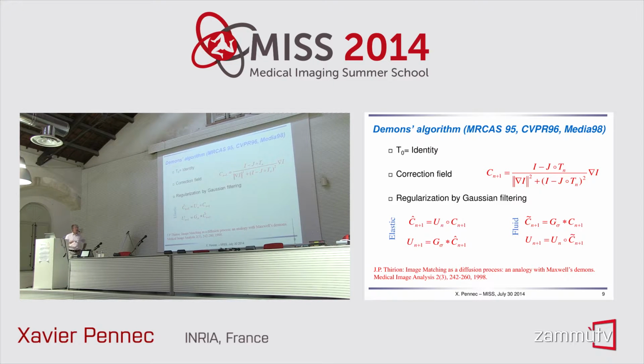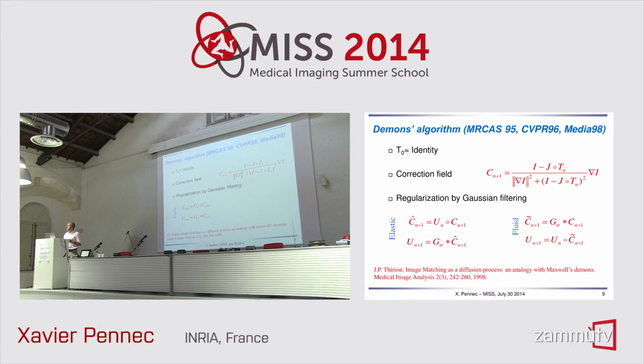Either an elastic regularization: we compose the corrections with the displacement field. So that is the composition of the 2 fields. We have the current deformation, we update it with the correction field, we obtain a new correction that we now filter with the Gaussian, and that is our new displacement field.